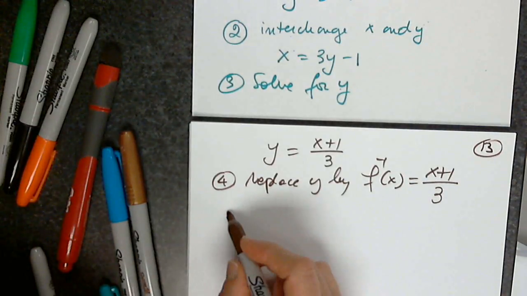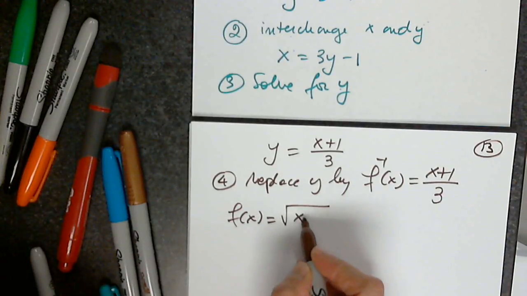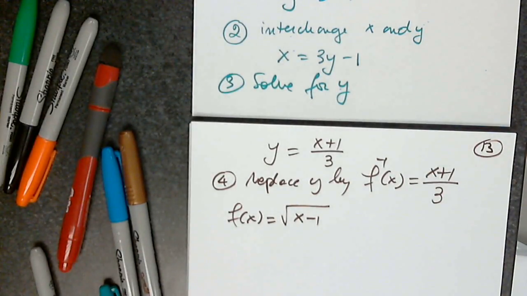Let's find f inverse for f of x equals the square root of x minus 1. Same 4 steps.